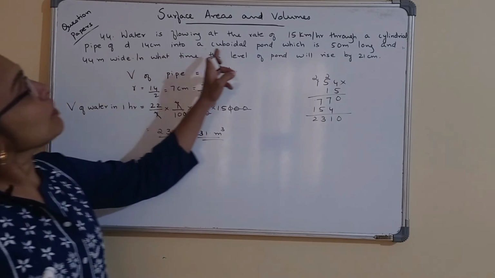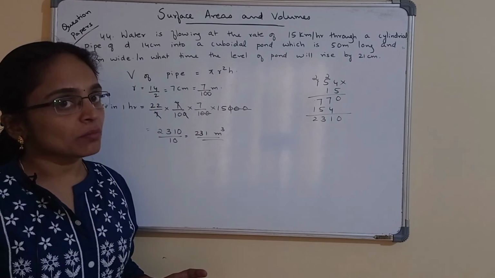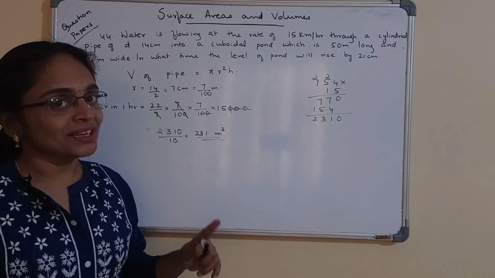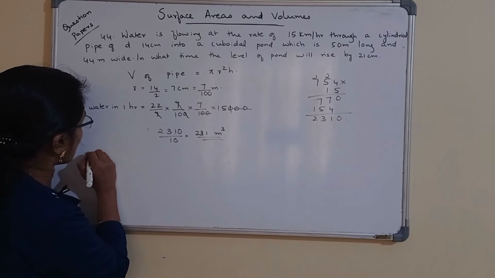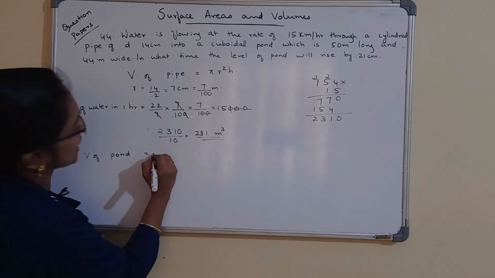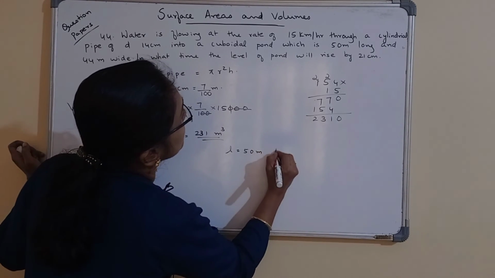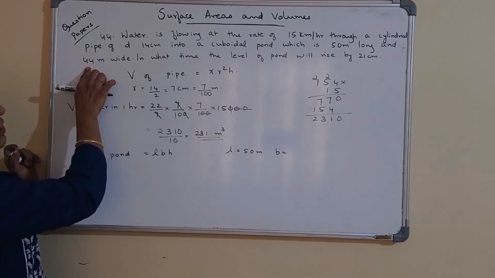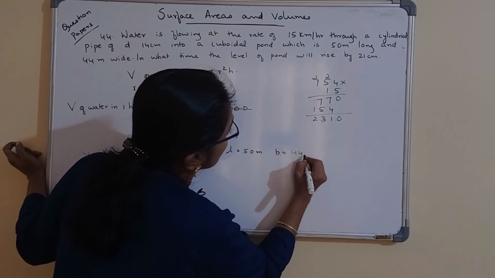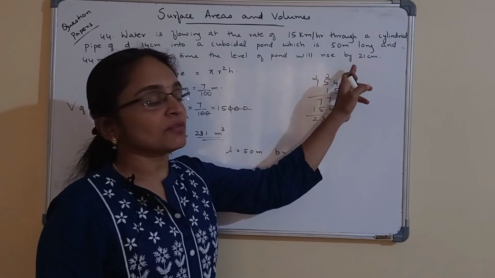Now, the volume of this pond, it is a cuboid. What is the volume of a cuboid? It is L into B into H, right? So, volume of pond is equal to LBH. L equal to 50 meter, B equal to 44 meter, and the level of the pond will rise by 21 centimeter.